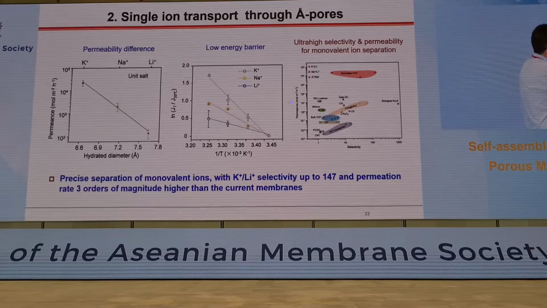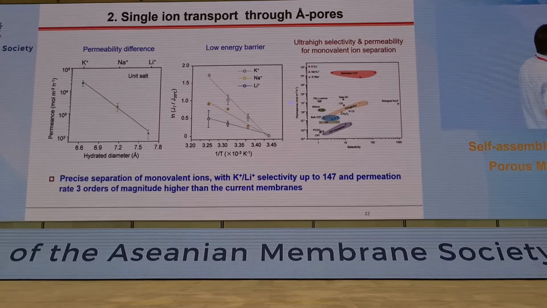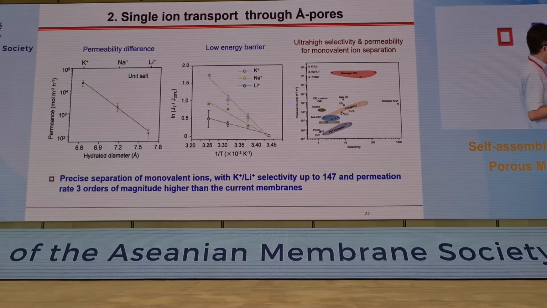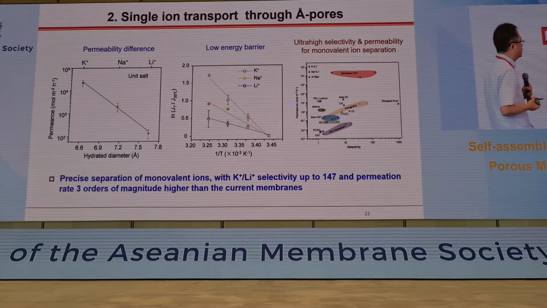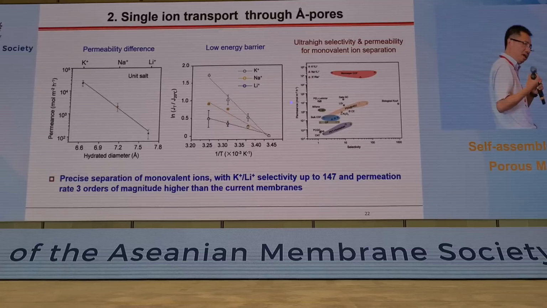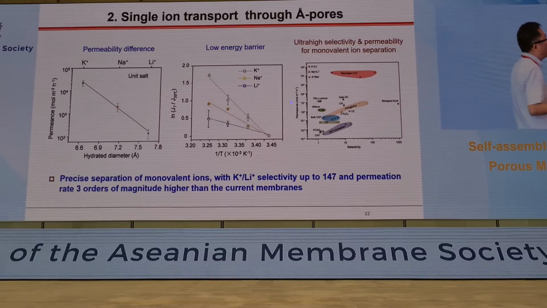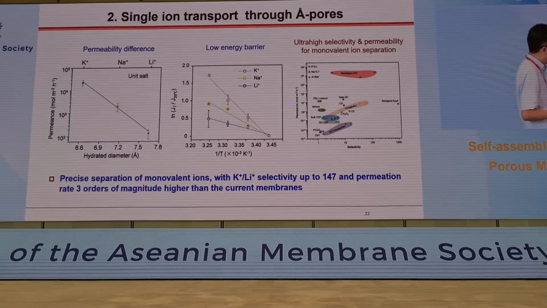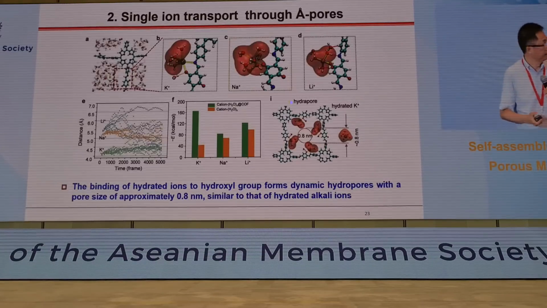So we obtained a high potassium and lithium selectivity of up to 147. We further found the permeation rate is quite high, about 3 orders of magnitude higher than current membranes.